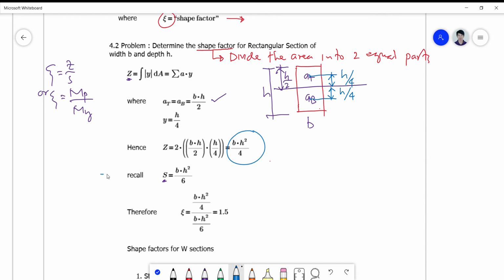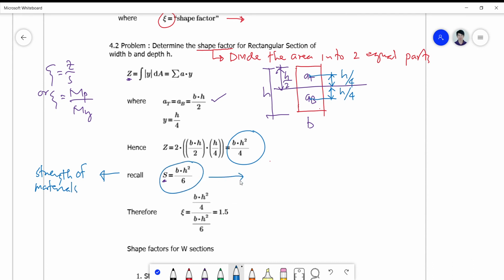And this is just a recollection of what you learned in your strength of materials. So you simply recall that S is equal to bh squared over 6.